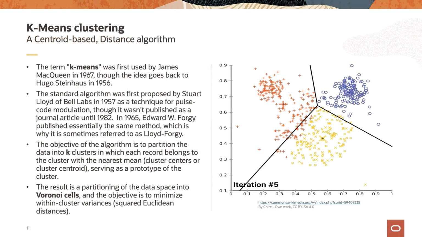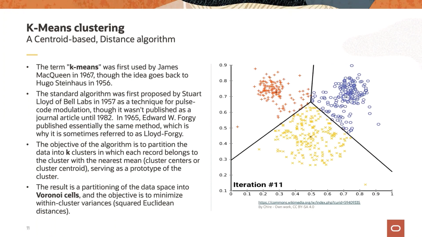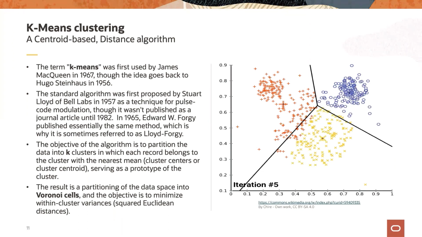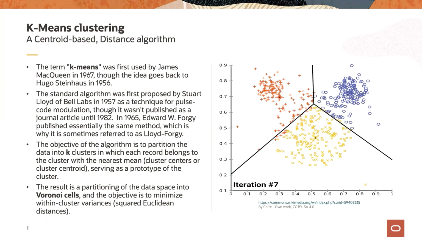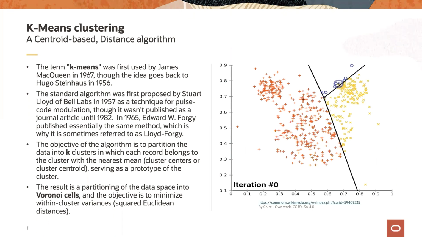Basically, the k-means method, born probably in 1956, those ideas were there, but the term was coined in '67. So the idea is that it tries to partition the data into k clusters, where each record belongs to a cluster, and you assign it through a distance process.